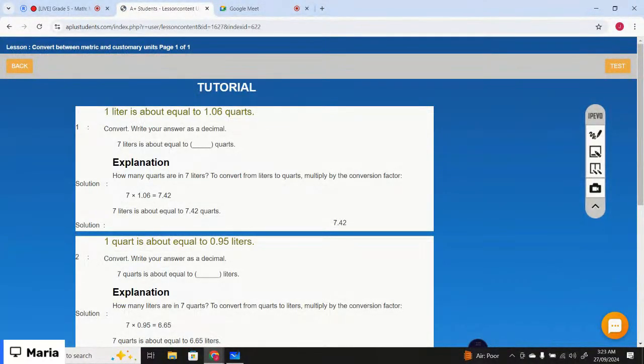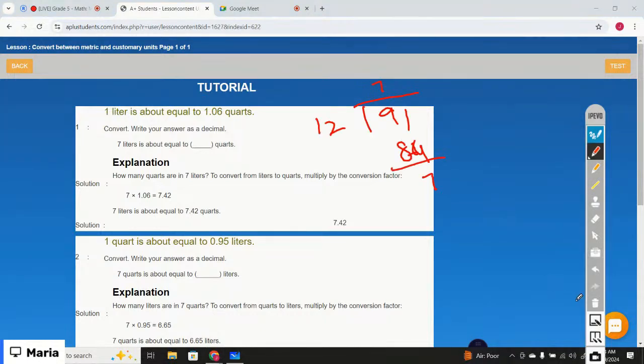Let's just start with the lesson. 1 liter is about equal to 1.06 quarts, right? You have to convert 7 liters to quarts. You are given the units. You just have to use 1 liter equals 1.06 quarts, right?